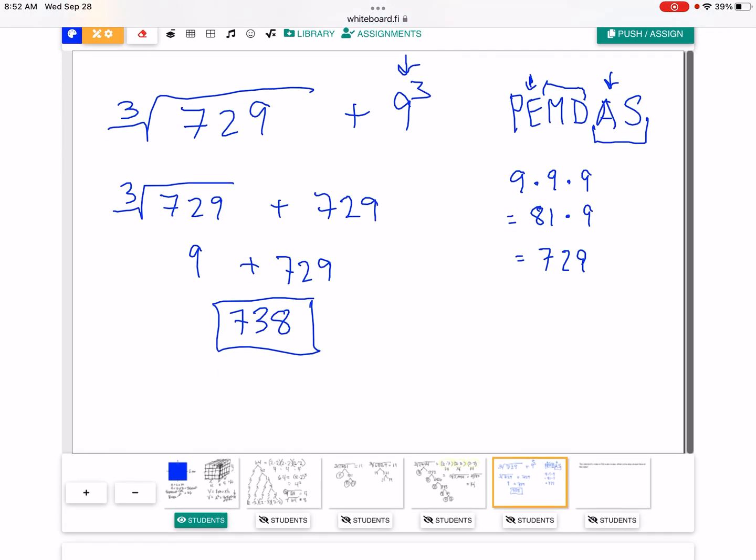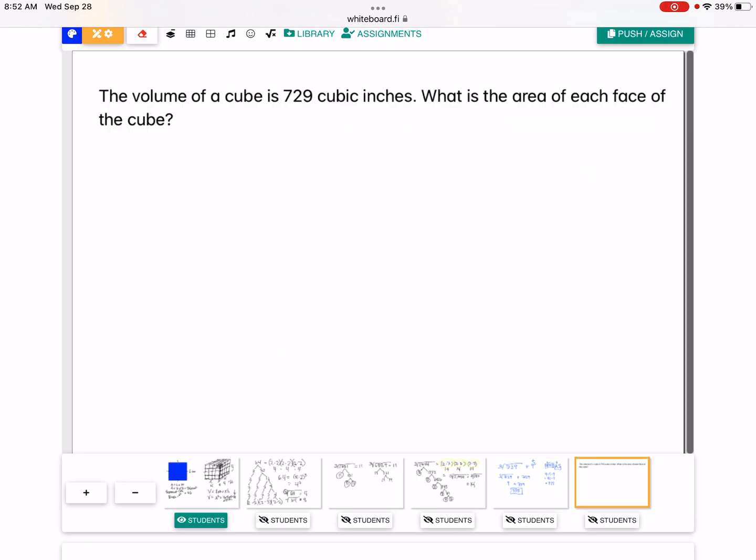One more kind of tough problem that I want to do with you. Okay. We have, and this is number 20 on page 12 in your homework book, right? So the volume of a cube is 729 cubic inches. What's the area of each face of the cube? Well, the first thing I ask myself whenever I do one of these is, what do I know?